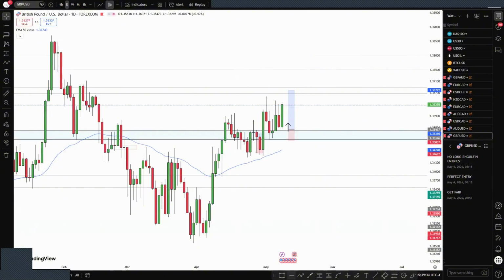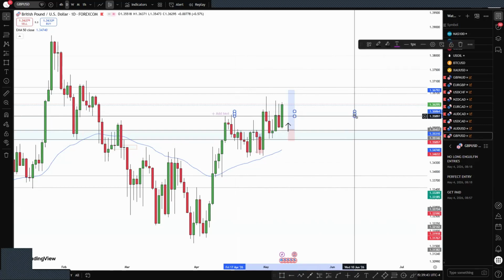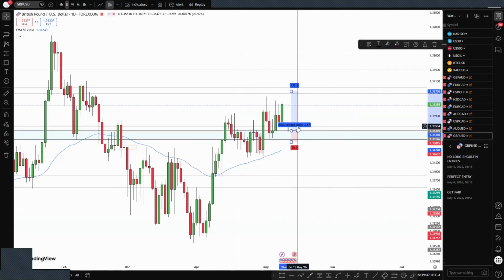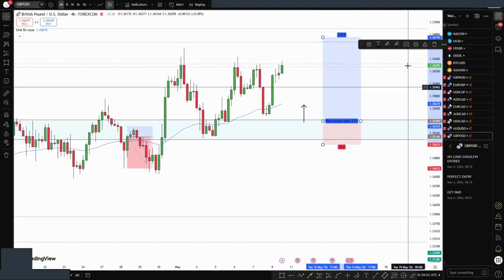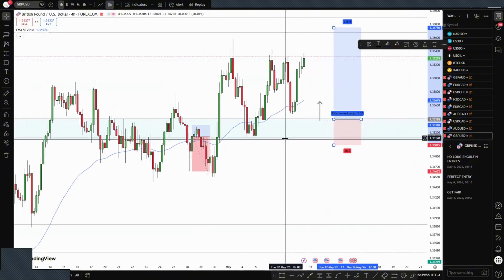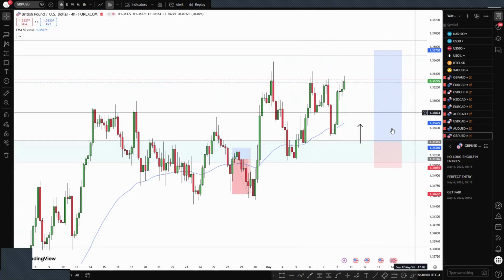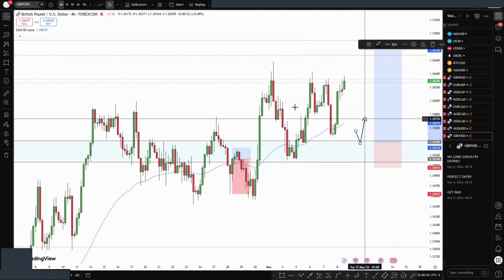But this one I just don't like it because the daily has made the new high there. If you can see, we have a new high. So once price comes back at this level, it has higher chances of going bearish. If you look at the 4 hour time frame, the 4 hour is bullish, but once price comes here, there are higher chances of it going bearish.